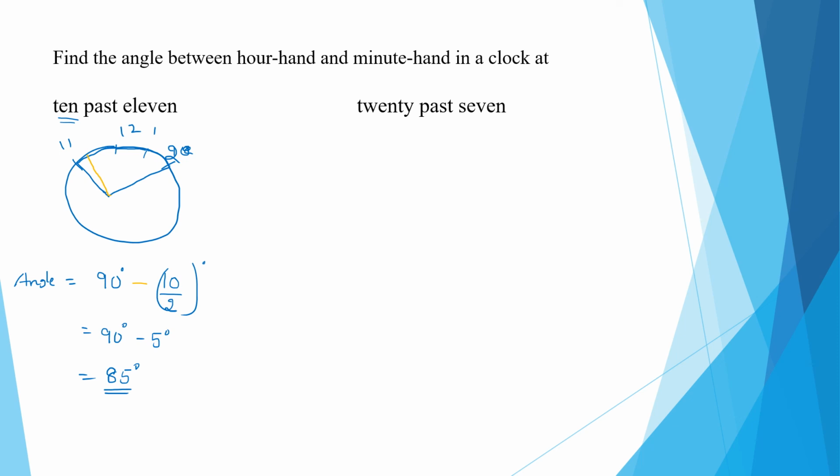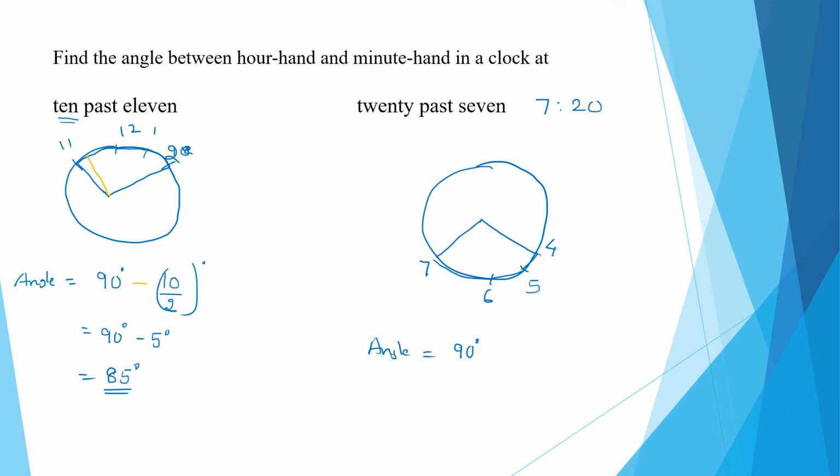Now it is 20 past 7, that is 7:20. So let's draw 7:20. Somewhere here 7 will come, 20 means 4. So this is 6, this is 5. Again, consecutive marks between 7 and 4: 30, 30, 30, that is 90 degrees. Correct?